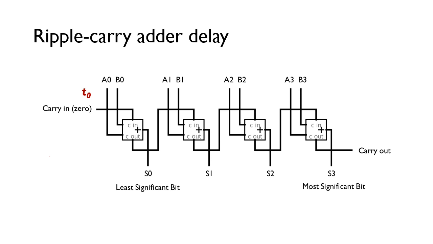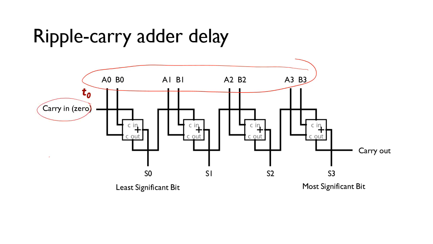So we can look at a 4-bit ripple carry adder now. Again, all the inputs and the first carry in are applied at time 0. For bit 0, the first full adder in the chain, the carry out and the sum are both valid after 2 gate delays. So we're going to have a valid carry in here at time 2. The sum for the next bit is delayed by 1 gate and the carry by 2.